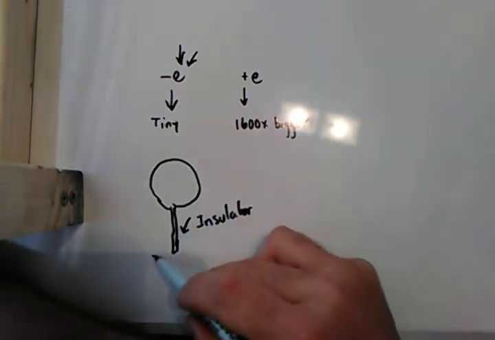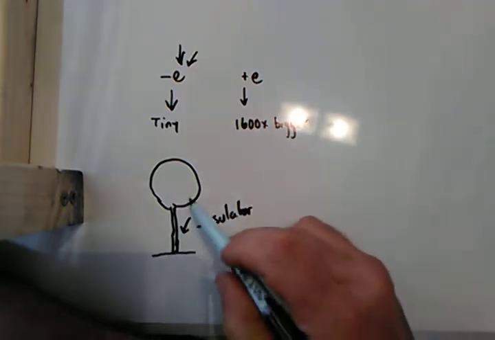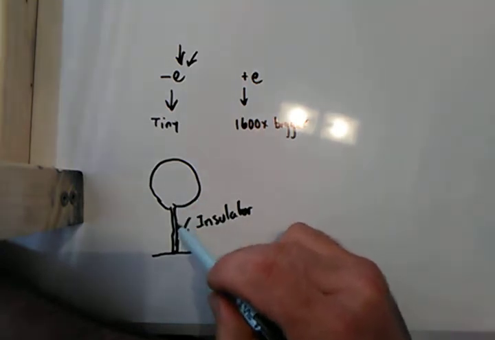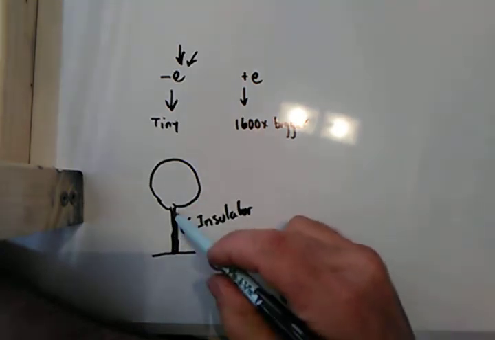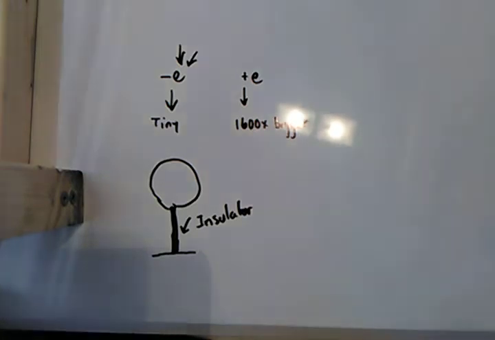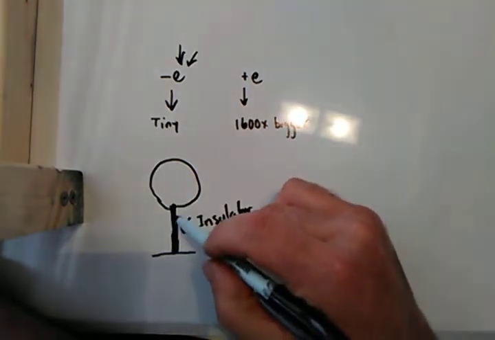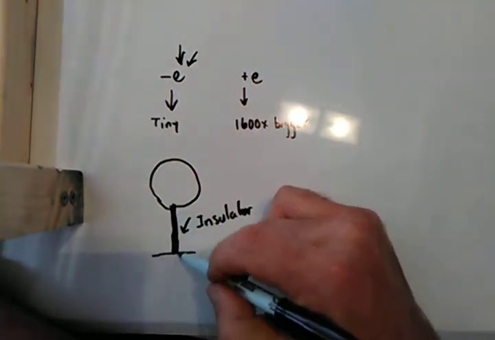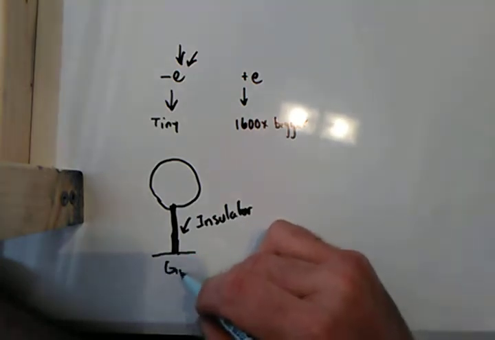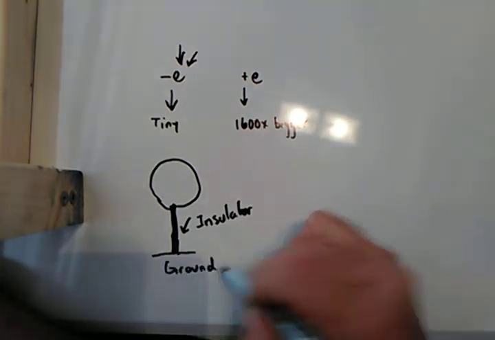This sphere is set up on a table so that the piece that's holding it up is made of an insulative material, such as plastic or acrylic. That means that if I put a charge on this, the charge is not going to go into the ground. We'll talk about what the ground is a little bit later.